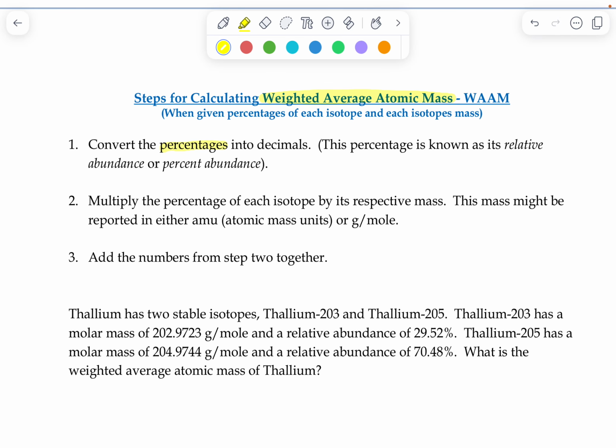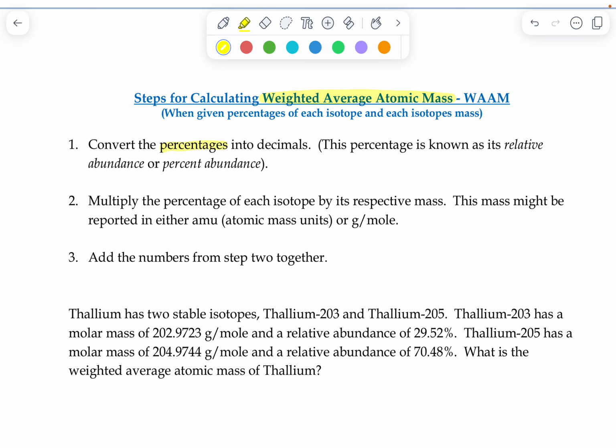That's showing you what percentage of that particular element is that isotopic form, how common it is in nature. We would multiply that percentage by the mass of the isotope that goes with it, and then add those numbers together. So here's an example.